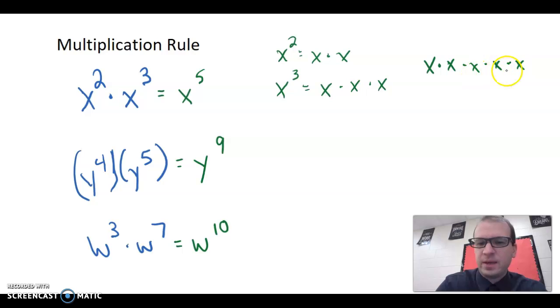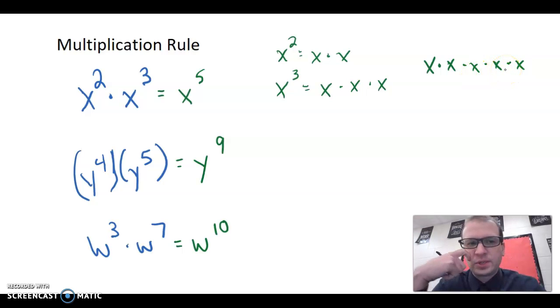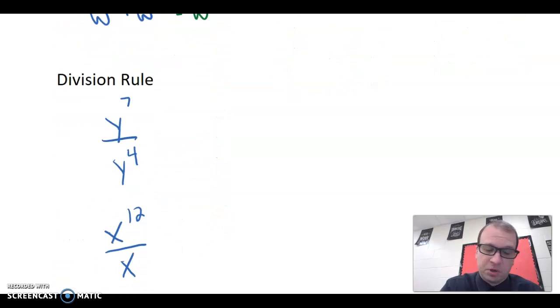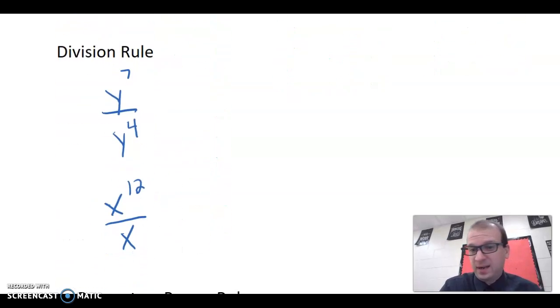I would have 5 of them all together. So this rule that we're using is really a shortcut of this expression here, using the x times x times x times x times x. It's a shorter way to do it by just adding the exponents together. Now, if we're going to divide, our rule is almost the same, except instead of adding, we're going to subtract our exponents.